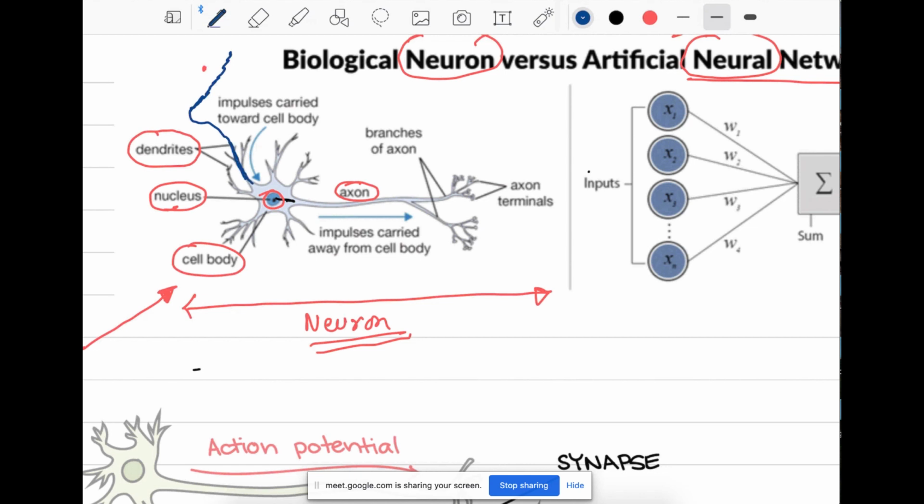We will have multiple such pieces of information coming from other neurons, passing through these dendrites. So dendrites act as an input port to this neuron. Once that happens, the information gets assembled at the nucleus, and some pre-processing happens there.